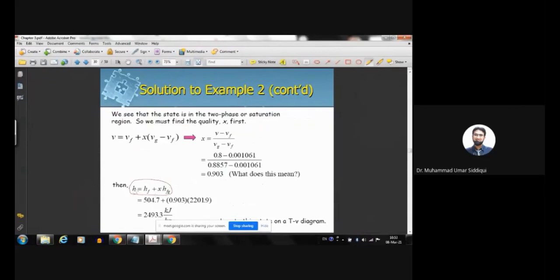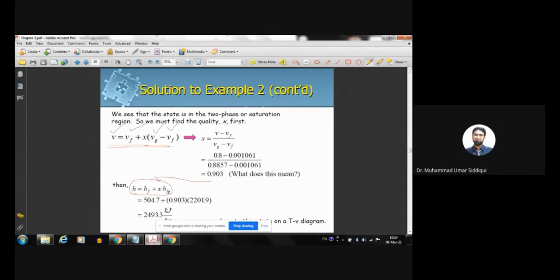The problem is that HF and HFG we can directly find at this pressure, but we need X. First, we need to know what is the quality. The quality is not given, but we can find it using the formula for specific volume. Because we know V, VF, and VG, we can find X. Then use this X in this equation.